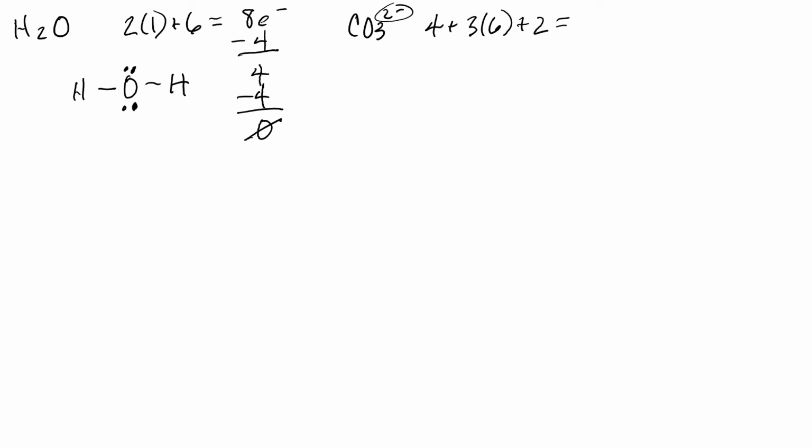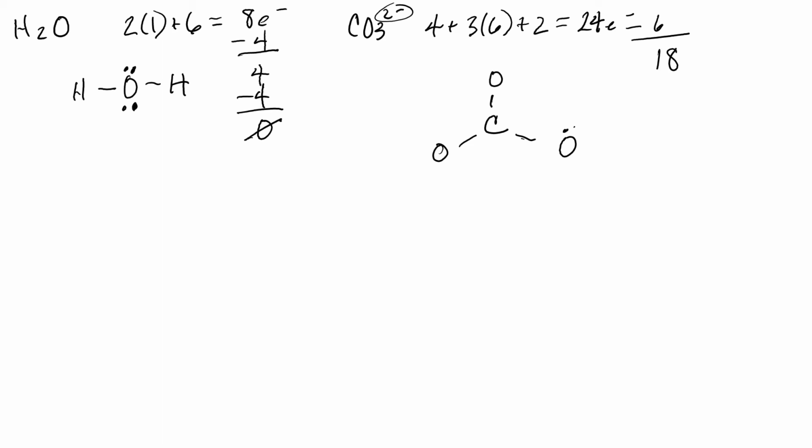So our total number of valence electrons is 24. I have 1 carbon. I'm going to place it in the center. Oxygen is also more electronegative, and again, we want to make this look symmetrical. I used 6 electrons, so now I have 18 left.